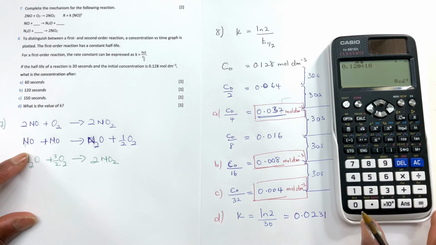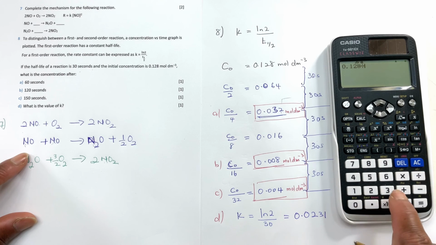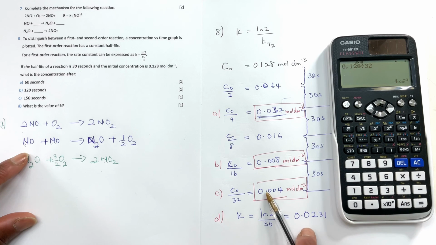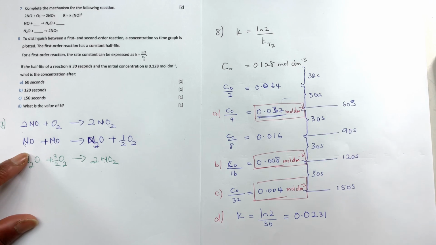Yeah, that's correct. And the final one is 0.128 divided by 32. Exactly, so that's good. That's 1, 2, 3. Okay, that's good. Excellent. So those are the answers we're looking for.